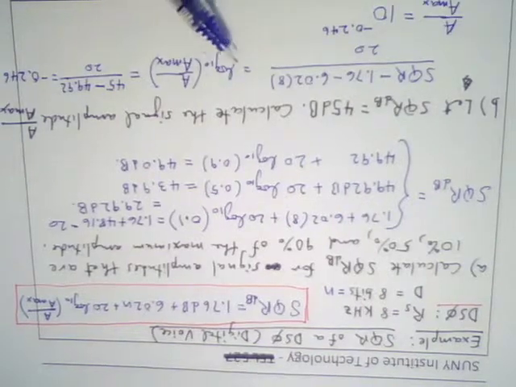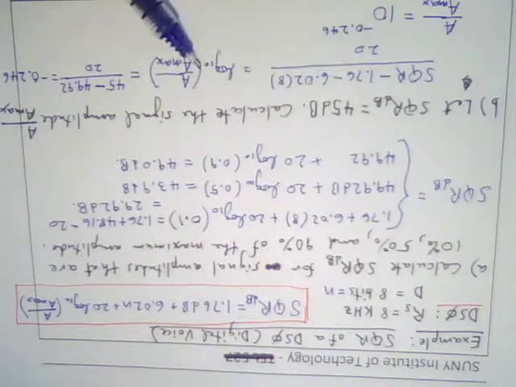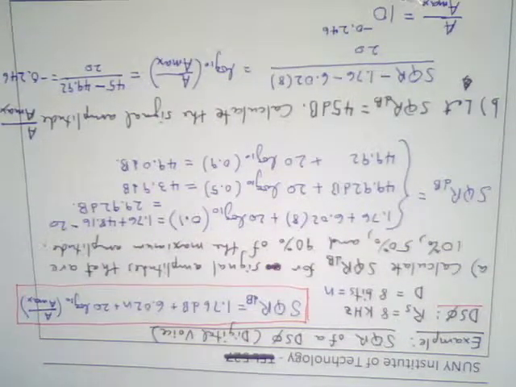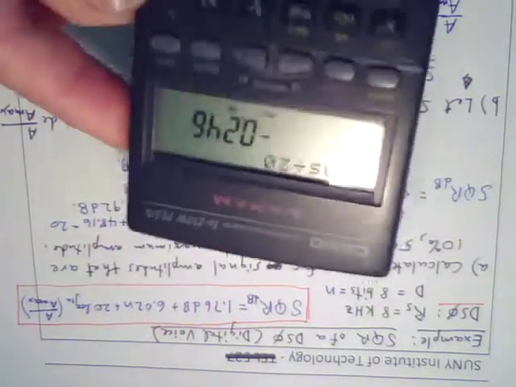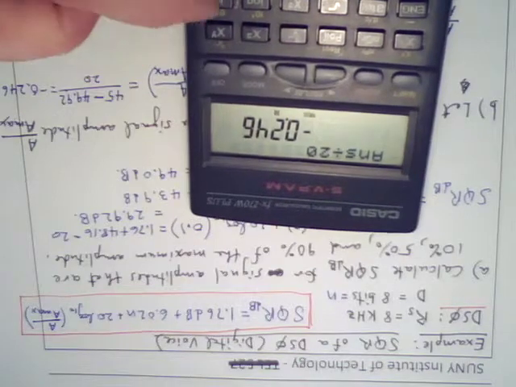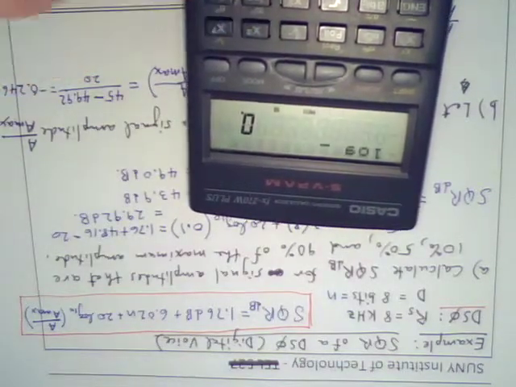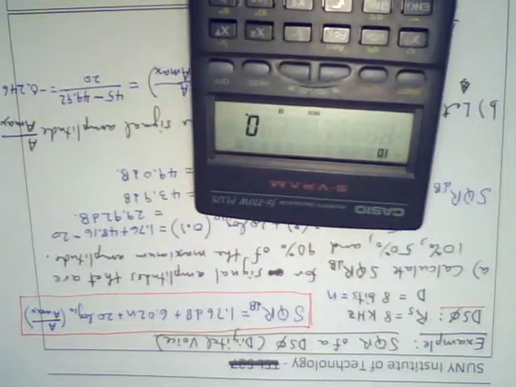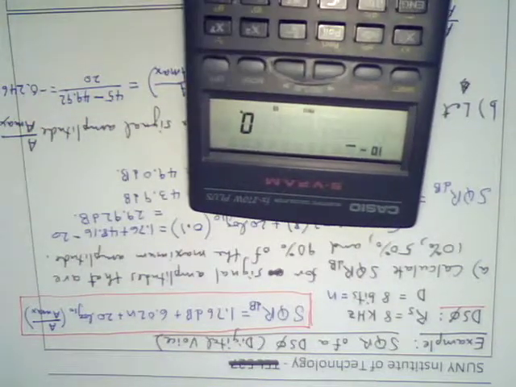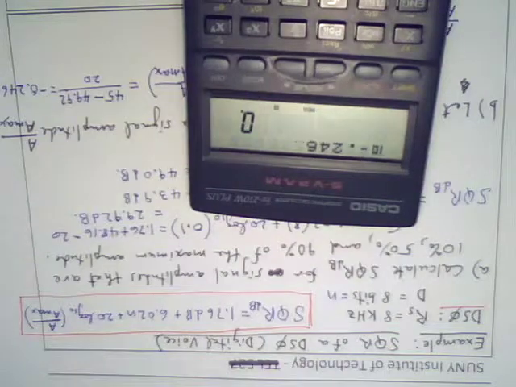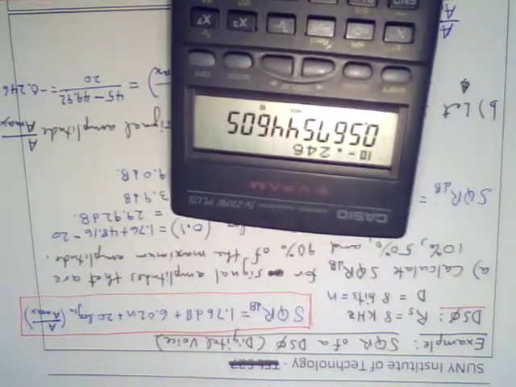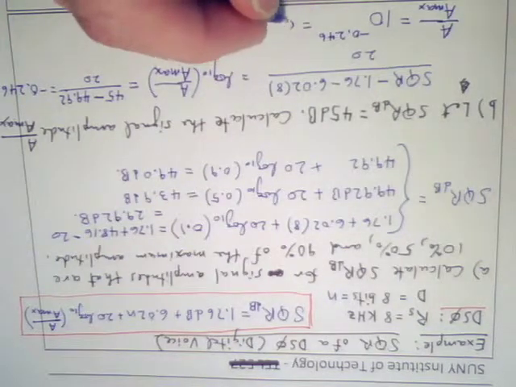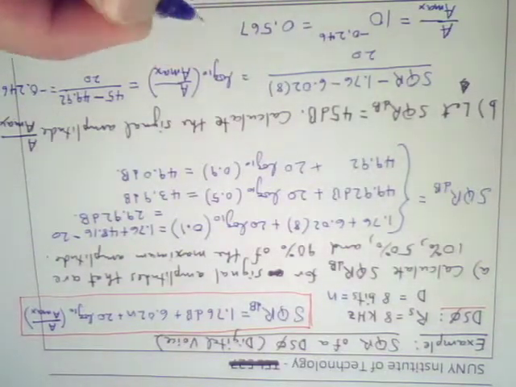Again, I'm going to raise 10 to both sides of this equation. It leaves A over A max by itself, and it leaves 10 to the minus 0.246 on the right-hand side. And so if I do 10 to the x, negative 0.246, I get 0.567.